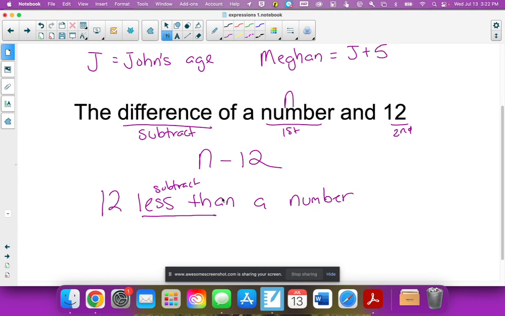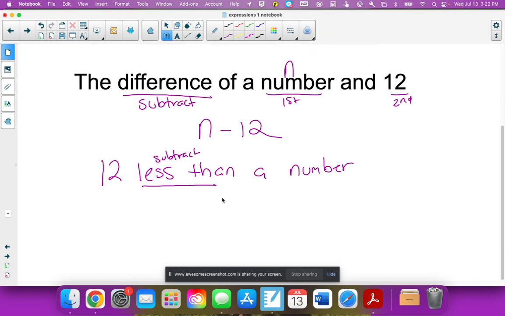It's just written kind of backwards. And you need to think a little bit, make sure you're thinking about what you're reading. When I say 12 less than a number, that does not mean 12 minus n, right? Because it's the number that comes first in this case, 12 less than a number.